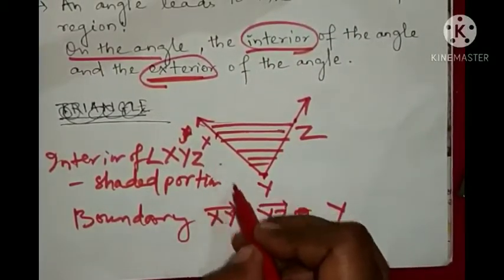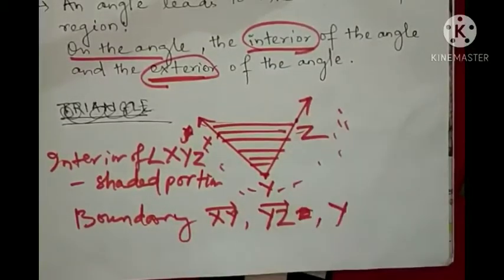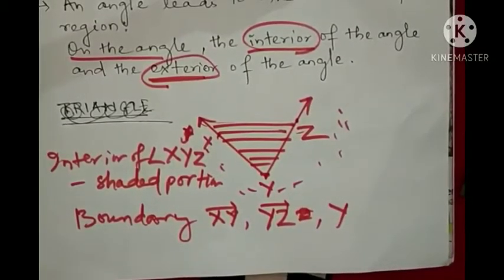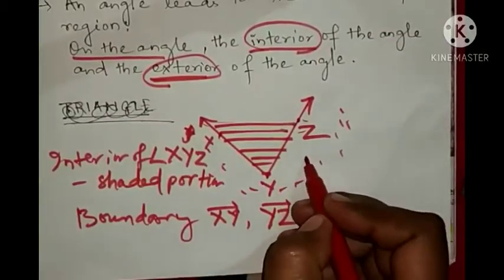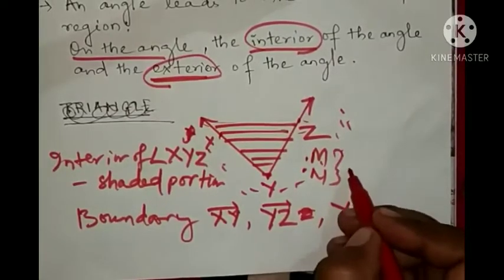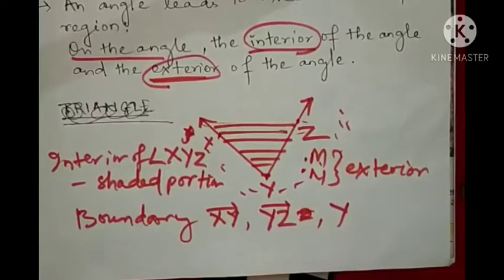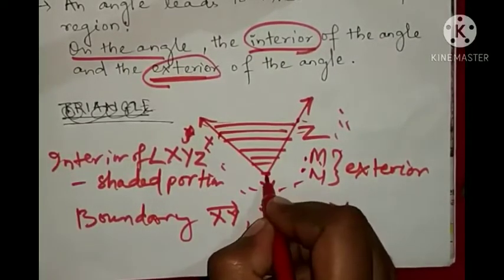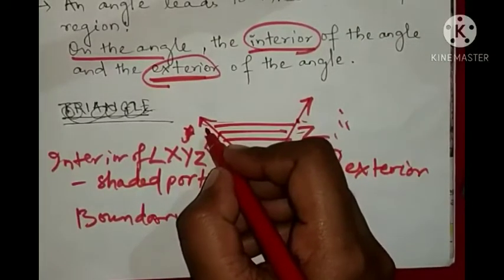The exterior is what is present outside of the angle. If I put point M and point N here, these are in the exterior of the angle. And here Y is the vertex, YZ and XY are the sides.